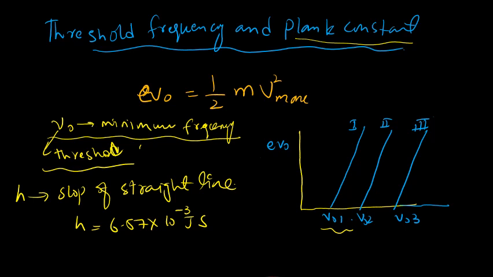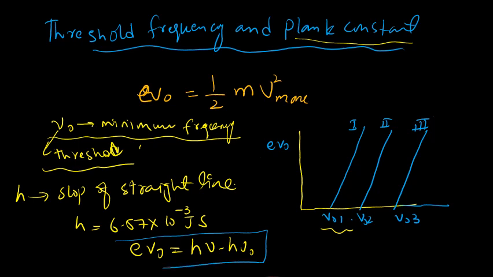The slopes are the same for all the straight lines, but their intercepts on the frequency axis are different for each line. If mu naught is the intercept of the straight line on the frequency axis, then it can be represented by eV naught equals h mu minus h mu naught.